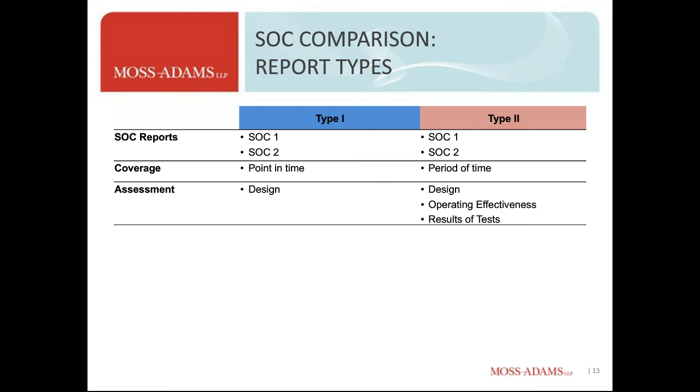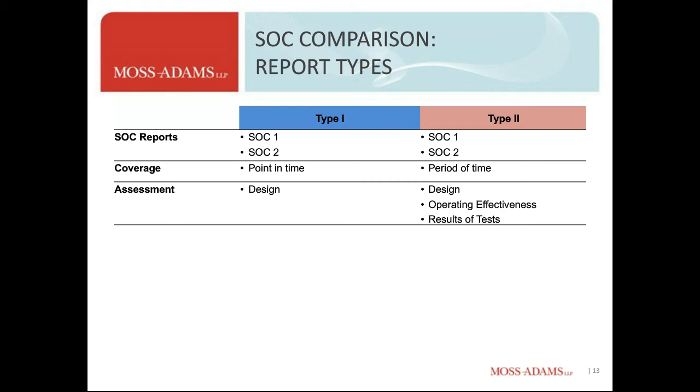For a Type 1, the coverage is a point in time, and more or less it's a design assessment of the controls in place to meet certain objectives. So as of a certain date, the controls are in place and designed to address the control objectives that have been identified, or the prescribed criteria in the case of a SOC 2.